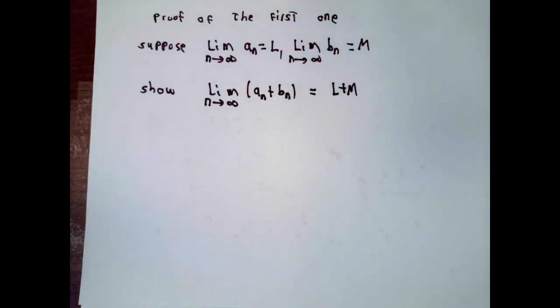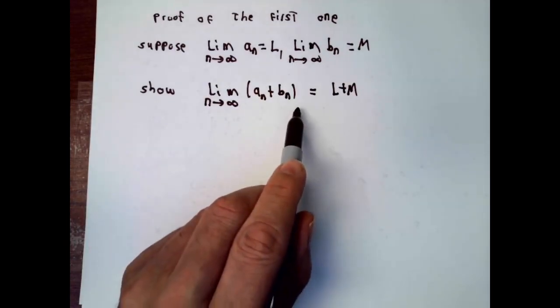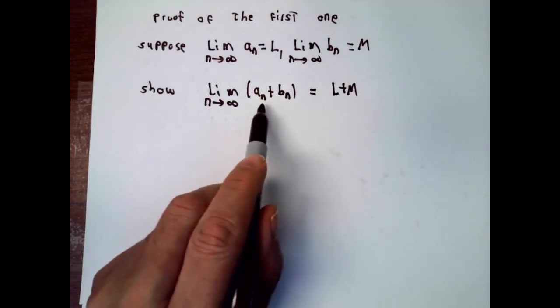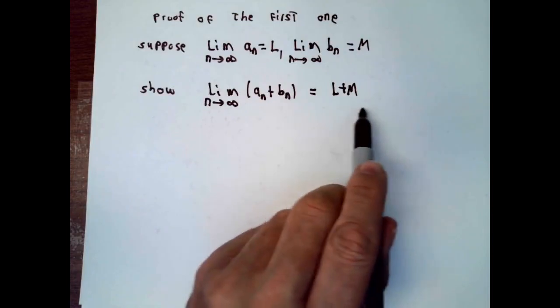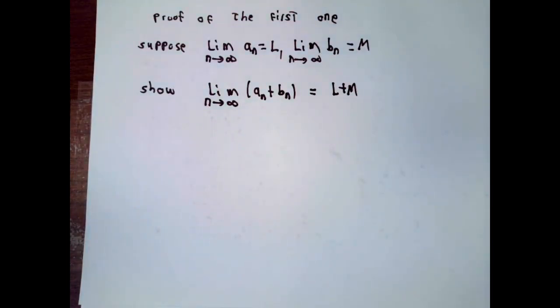According to the definition, if you give me a number epsilon that's bigger than 0, I have to show that the difference between this and that can be made less than epsilon by making the index bigger than some particular threshold value.